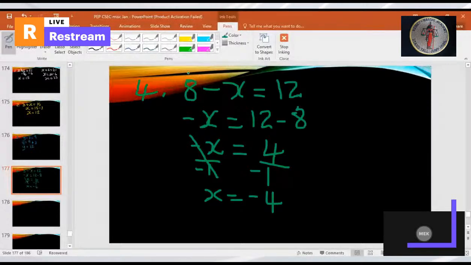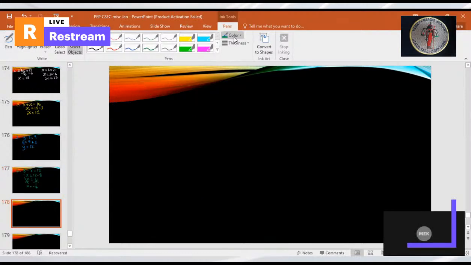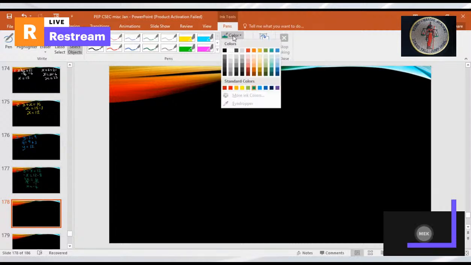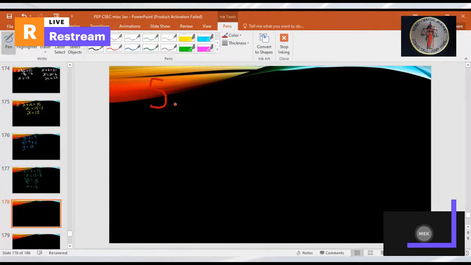When you're subtracting a negative number, it's the same as adding, so 8 plus 4 equals 12, and that is correct. Whenever you solve equations in algebra, it's always a good idea to put your answer back into the original equation to see if it makes sense.